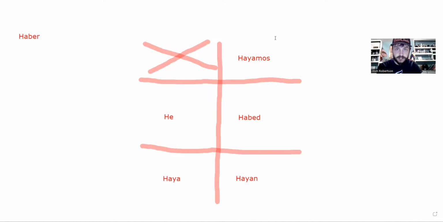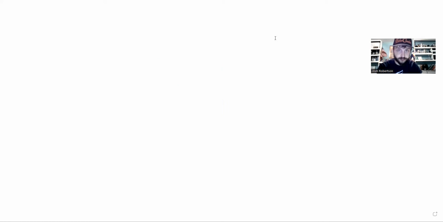Now, it's going to start getting a little bit trickier now. We're going to get into some real verbs now. So, you know what? Let's start with the verb tomar.